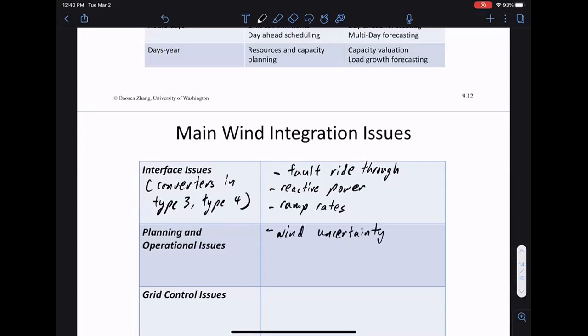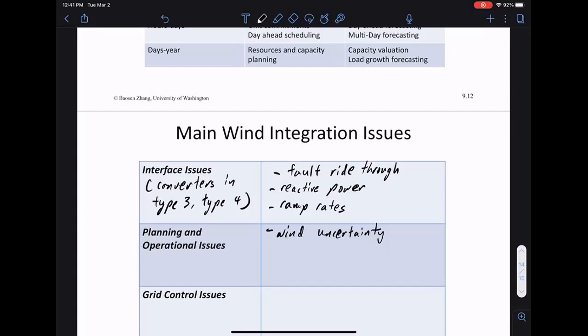Wind uncertainty really does not impact the operation of a single turbine. The turbine is powered by wind; if there's more wind, you produce more power, and with less wind, you produce less power. That's not the issue for a single turbine, but it has to do with planning and operating other resources in the grid.